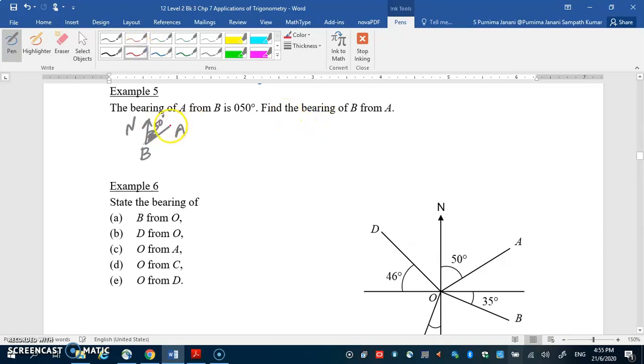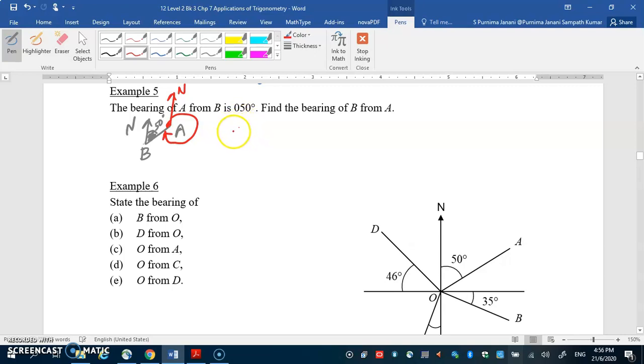So you draw your north at A, and then you go like that clockwise until you hit line AB. So how much is that? You see, because the two north lines are parallel, this angle here is an interior angle. This should be 130 degrees, which means this is 360 minus 130.